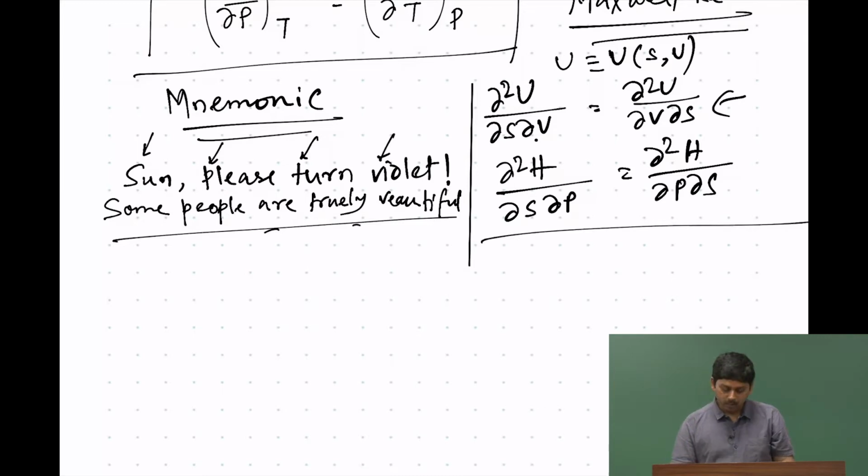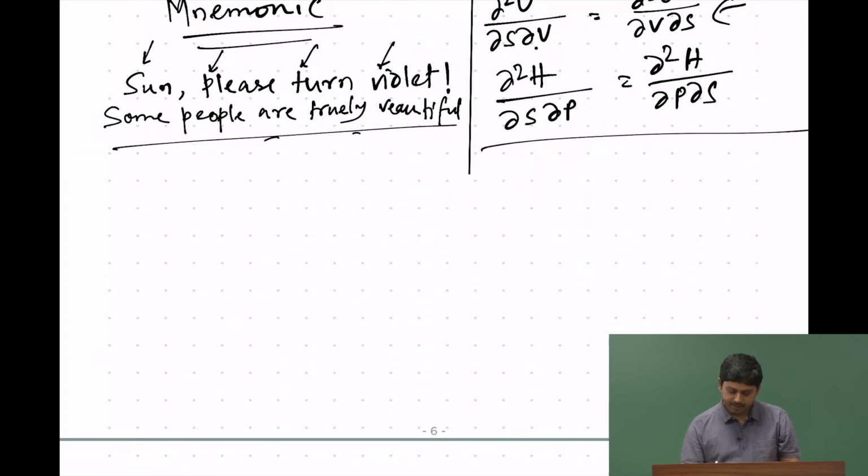So, basically you have to write S, P, T and V in this order, and then you can do this derivative like this.